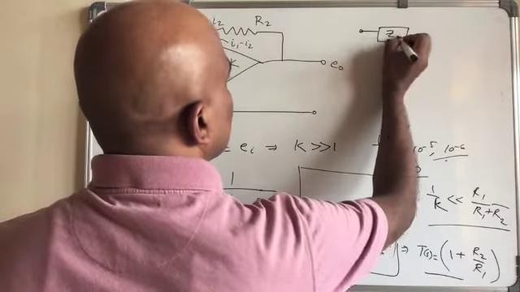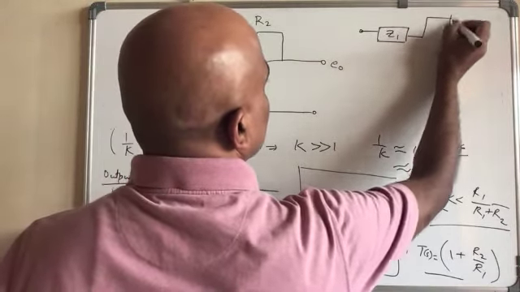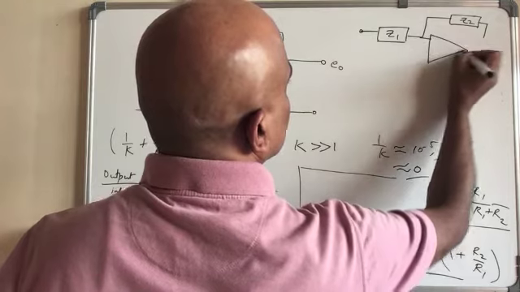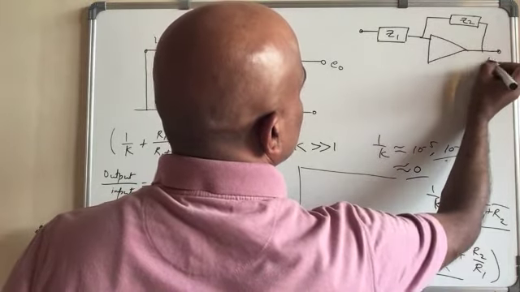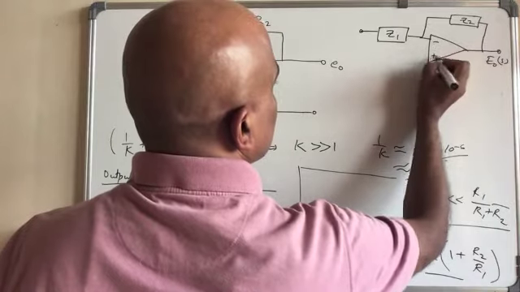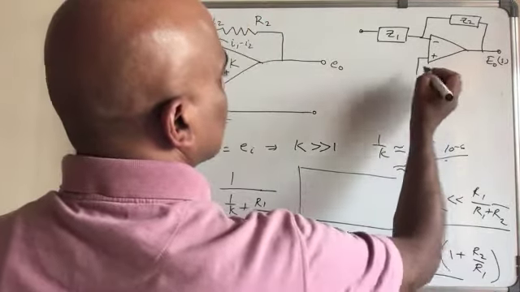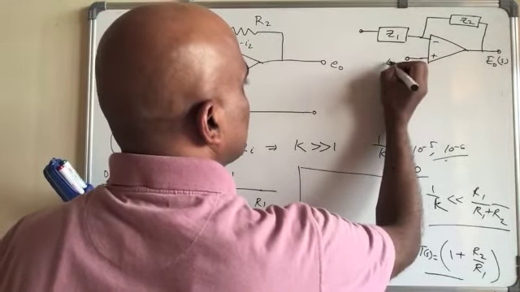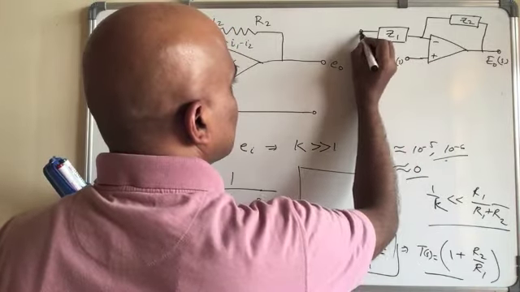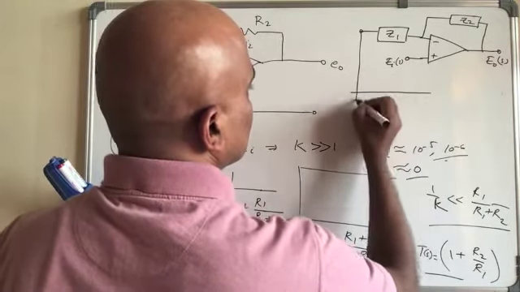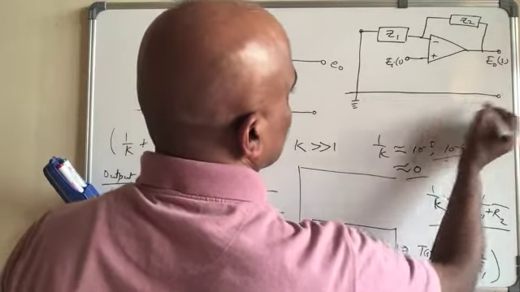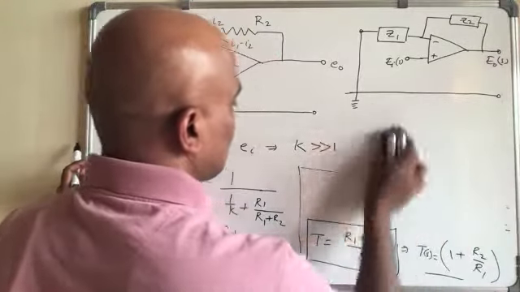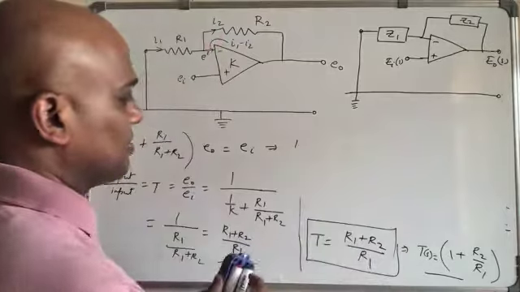If you have Z1 here like this, and Z2 like this, with the op-amp minus and plus, and here, sorry, this is the input, so plus, Ei, and the other terminal is connected to the ground, then the transfer function will be something like this.